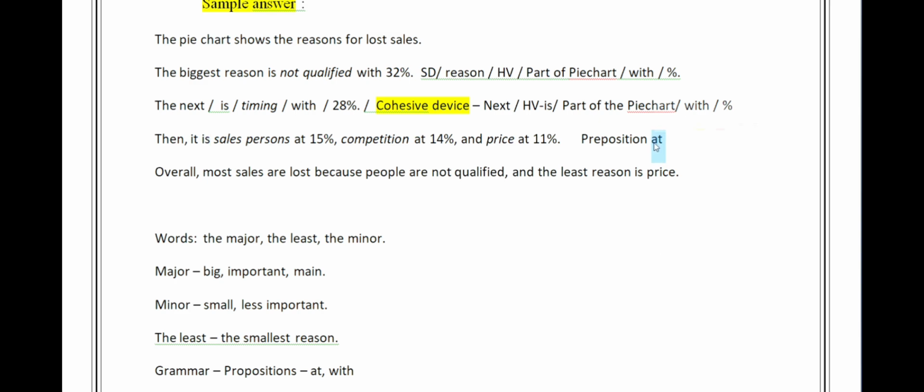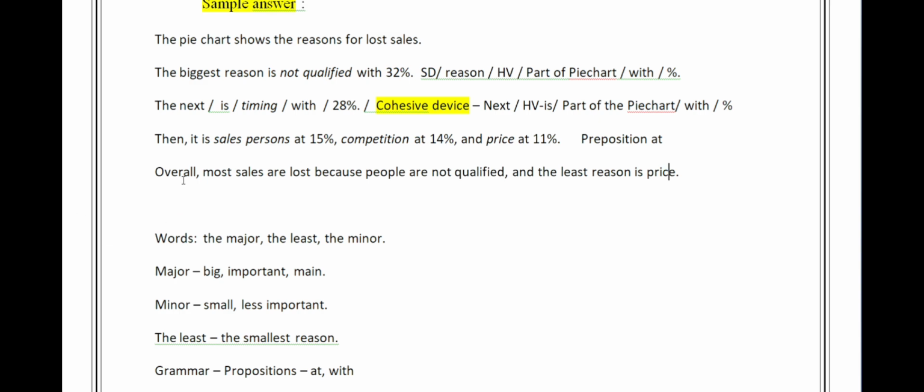We have shown a preposition at. Earlier we have taken the word with. Slowly we will accumulate all the grammar words and all the sentence patterns also. Slow and steady. So this is part 2. Earlier we took with, now we have taken at. How is the sentence going? Then it is salesperson at 15%, competition at 14%, and price at 11%.